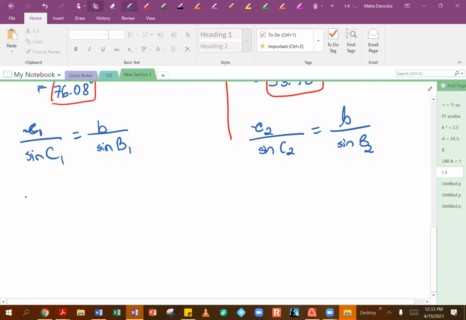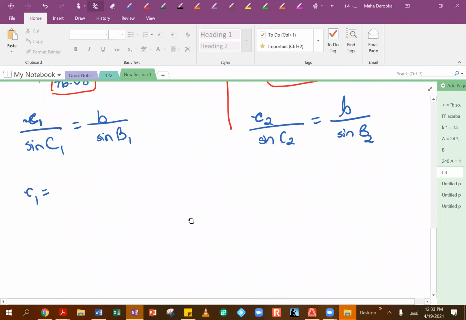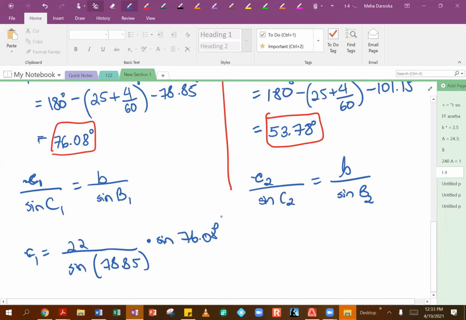So when you go through these calculations, your C1 will come out to be, let's see, what was our B? 22. So this guy will come out to be 22 over sine of 78.85 degrees. And then you're multiplying this with sine of 76.08 degrees.